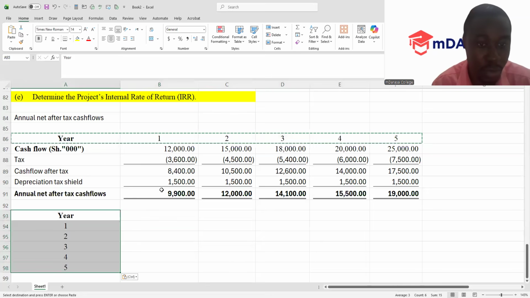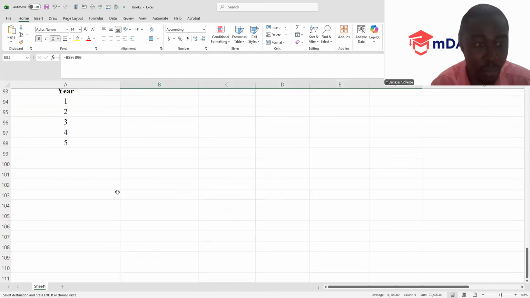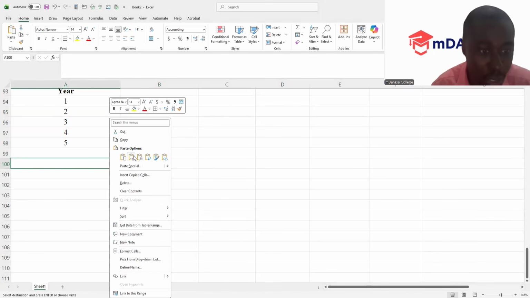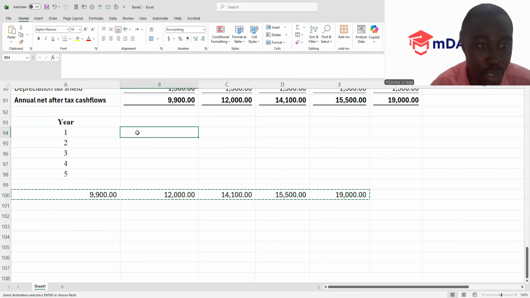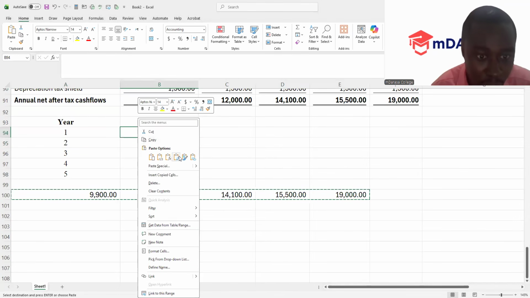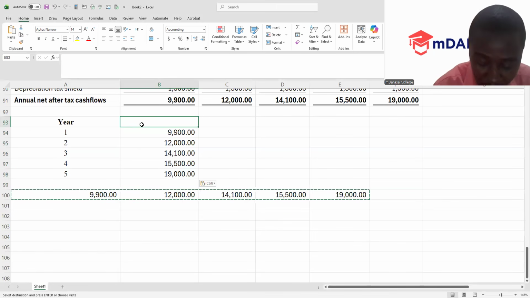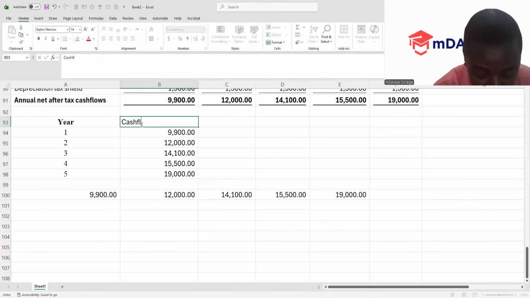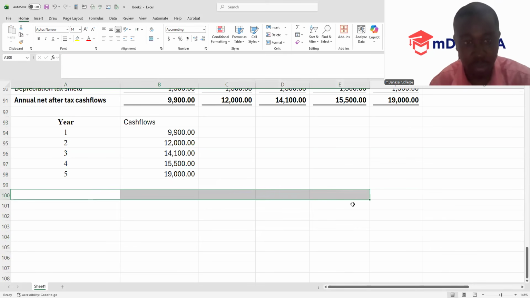Once we determine this, we can easily copy and paste, transposing in this case. We have our cash flows that we have determined. These are simply our annual net after tax cash flows.